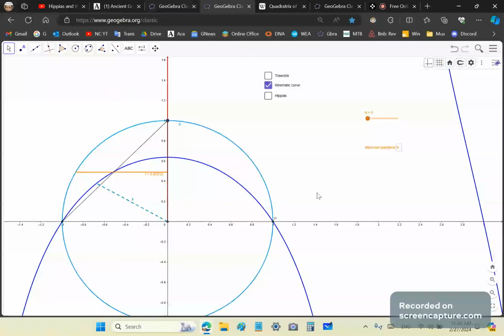Now, this here gives you the number of steps for the partition. So if you set it to 6 and you go over here, it will do 6 equal angles. 1, 2, 3, 4, 5, 6. Okay. And notice that it's still a right angle because the length of the sine line is square root 2, or approximately square root 2. Right. So what I'm going to show you now is that you find the angle using this geometric method.